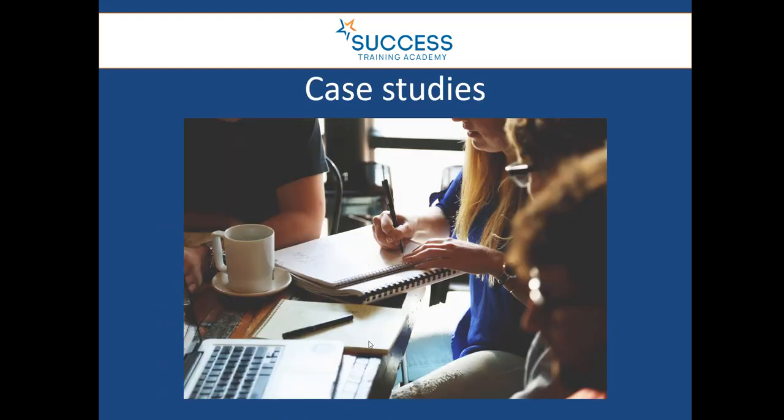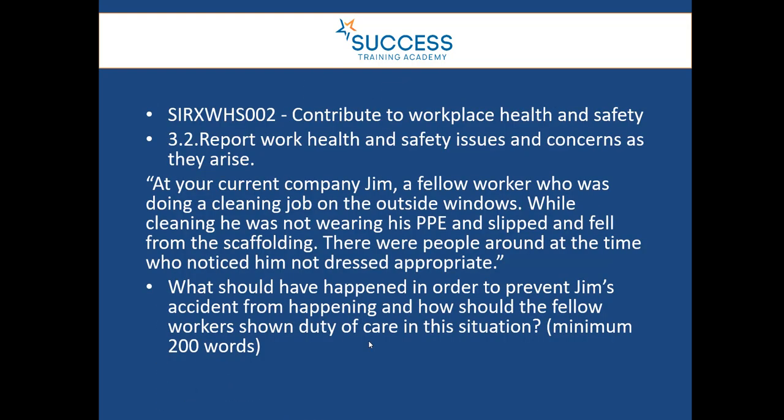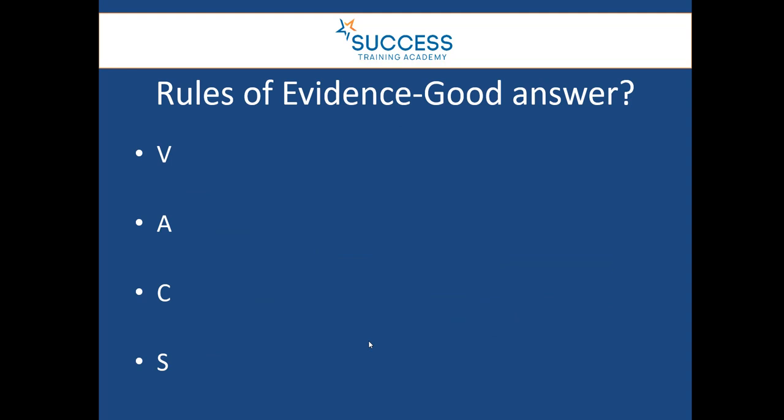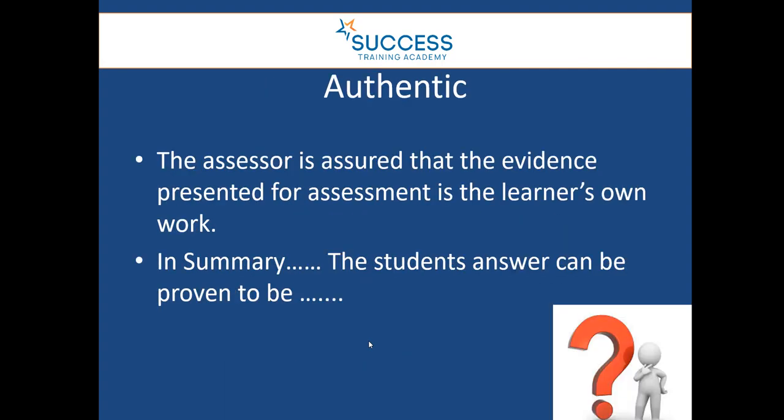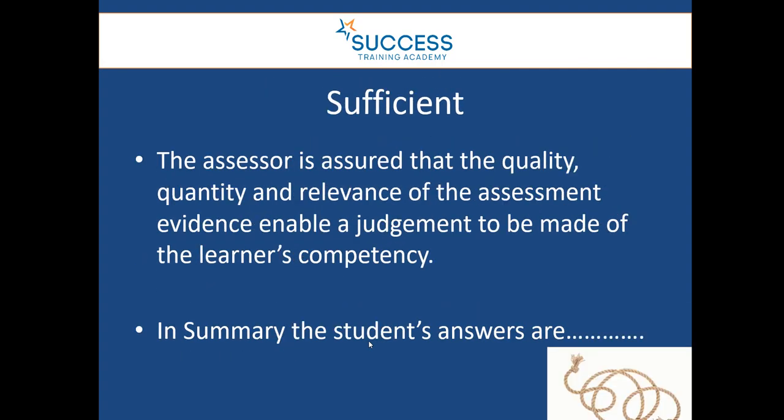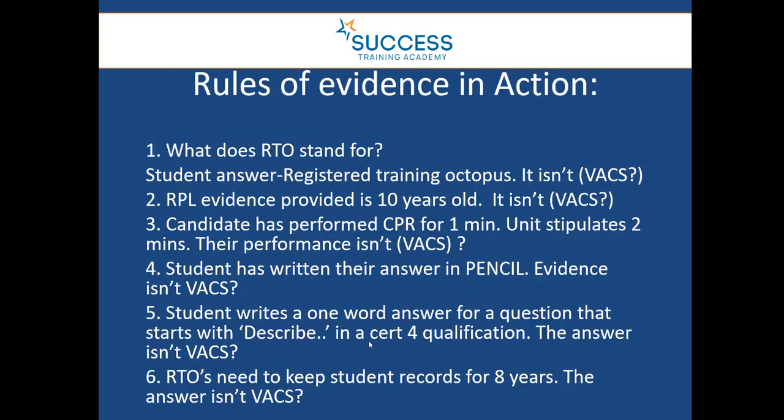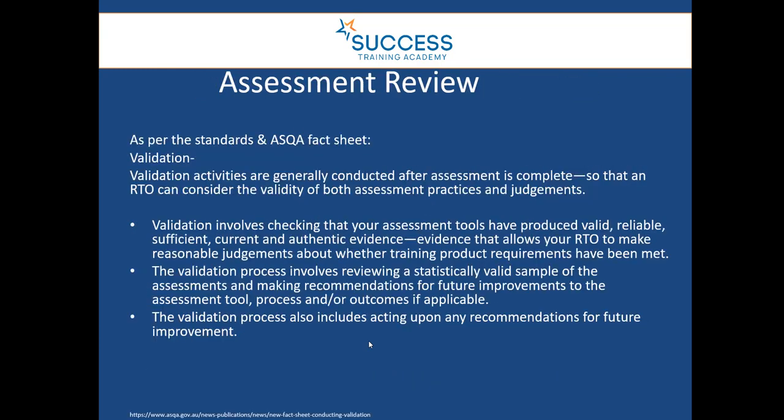Then we looked at creating a case study from an excerpt from a unit. We looked at the criteria for a good answer, which is valid, authentic, current, sufficient. We looked at definitions of each of those, and we put that into practice with a bit of a quiz.